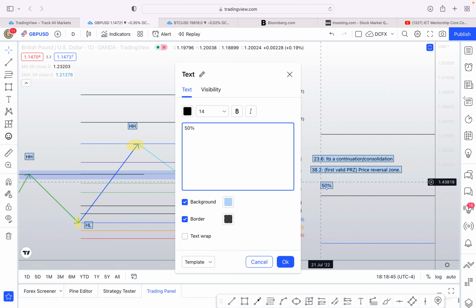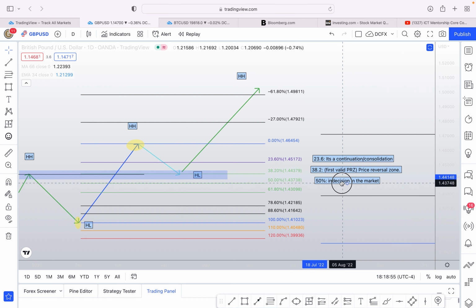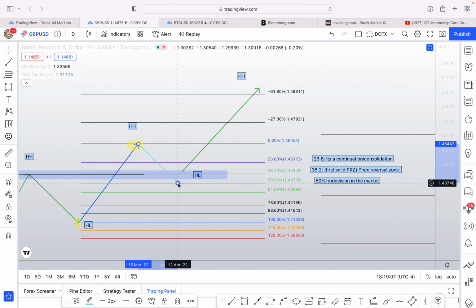50% is indecision in the market, meaning that when the market comes to a point where it's 50%, it's half, the midpoint between here and there. So let's bring it down here, for example. This point here is literally halfway between this point and that point.